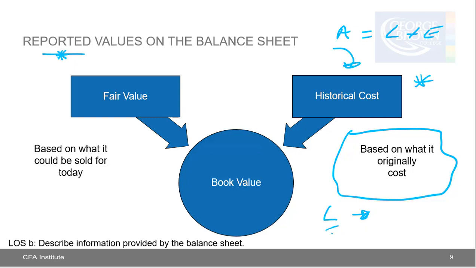There may be a company that bought some land many years ago, and it's sitting on the balance sheet at a historical cost. But if that land could be sold today, the market value may be much higher than that historical cost. So therefore, we sometimes look at the issue of fair values of assets. What's the fair value for the asset? And it's basically based on what it could be sold for today.